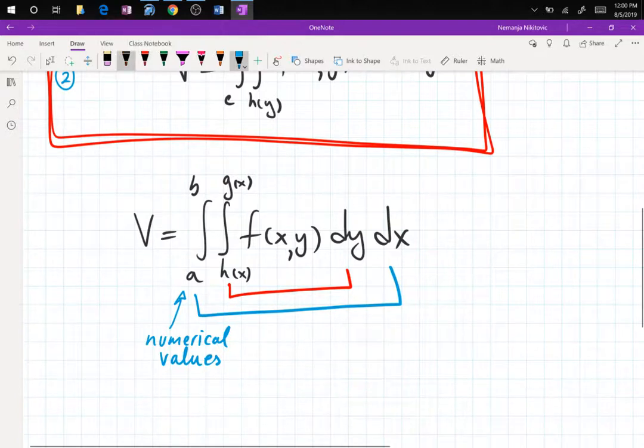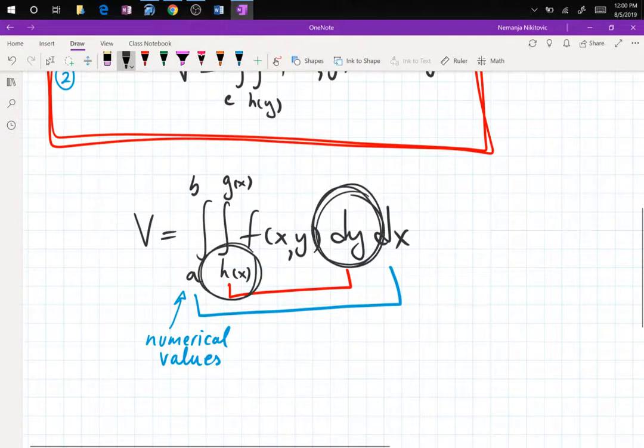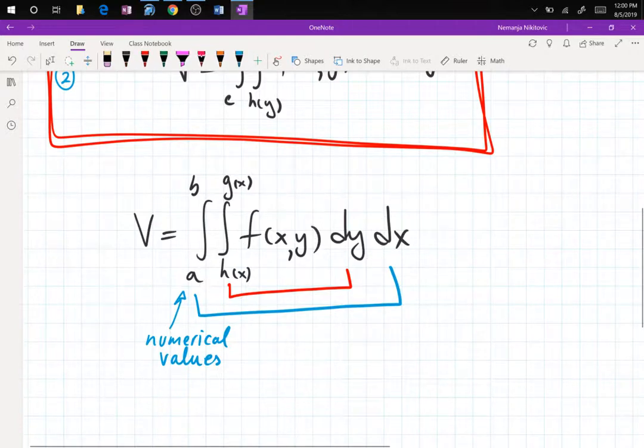Now, don't get confused that this is dy and you have h of x. If you have a dy integral, then these better be y1 and y2.